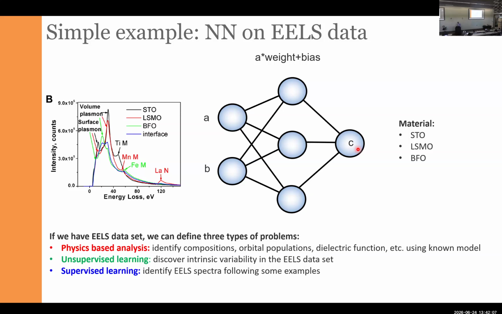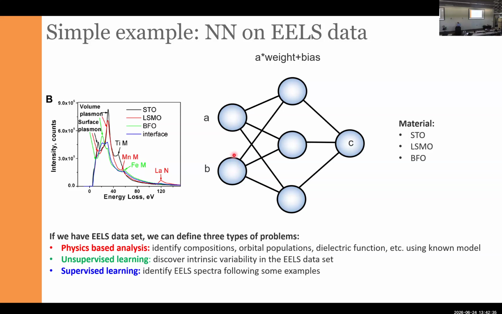The simplest example of the use of the network is to build the regressor. Regressor means that on the one end, as the feature or input, we have spectra or image patches or diffractions or whatever. As the output, we have the target or label or property that we want to correlate to our spectrum.